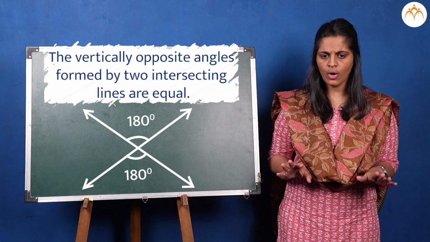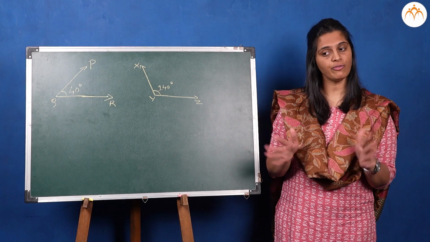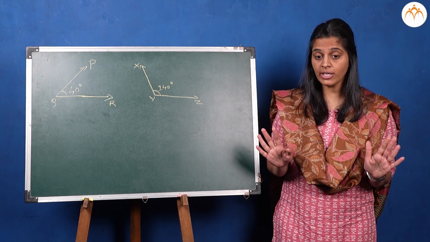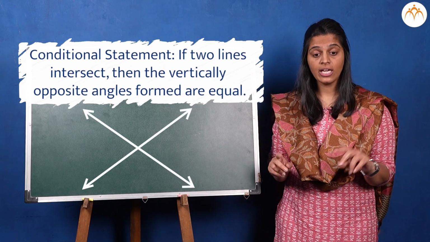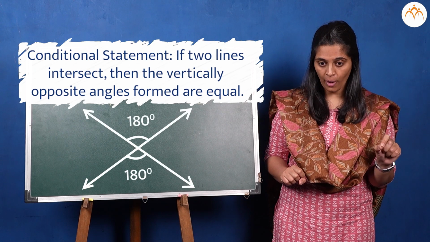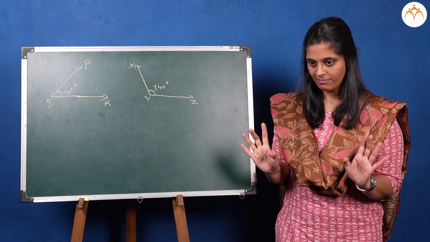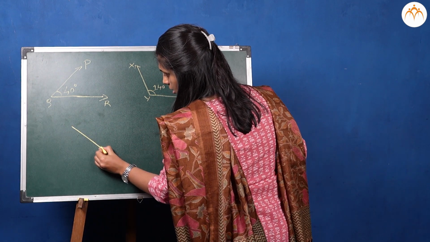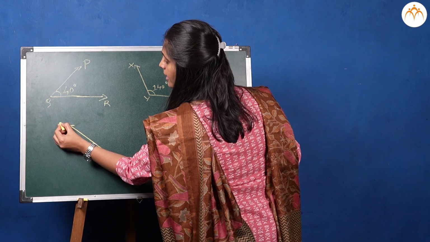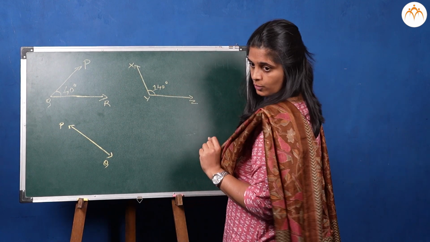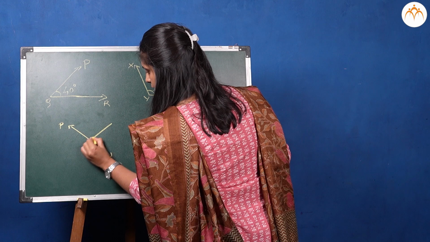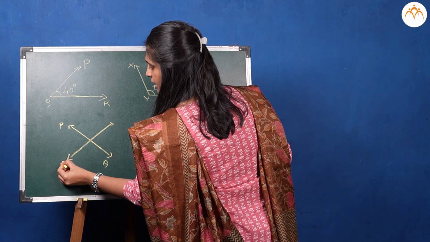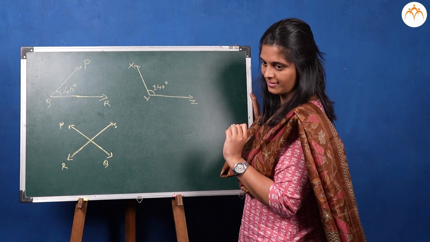Now, let's write the conditional statement for this. So what will be the conditional statement? If two lines intersect, then the vertically opposite angles formed are equal. Let me draw a figure now. So, this is line PQ. And this is line RS.